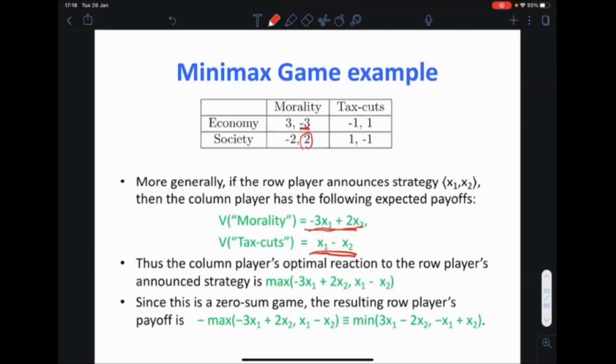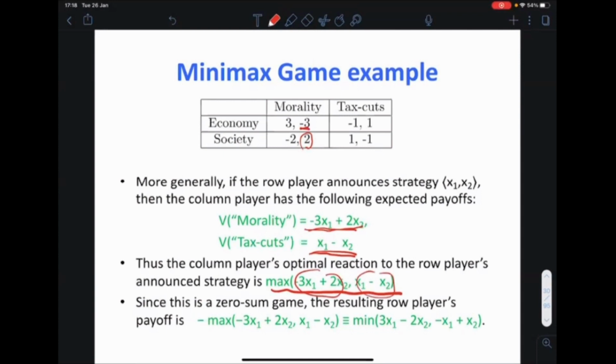Then the column player's optimal reaction to the row player's announcement would be to maximize either this one or this one. I'm going to choose the one which has a higher value, right?